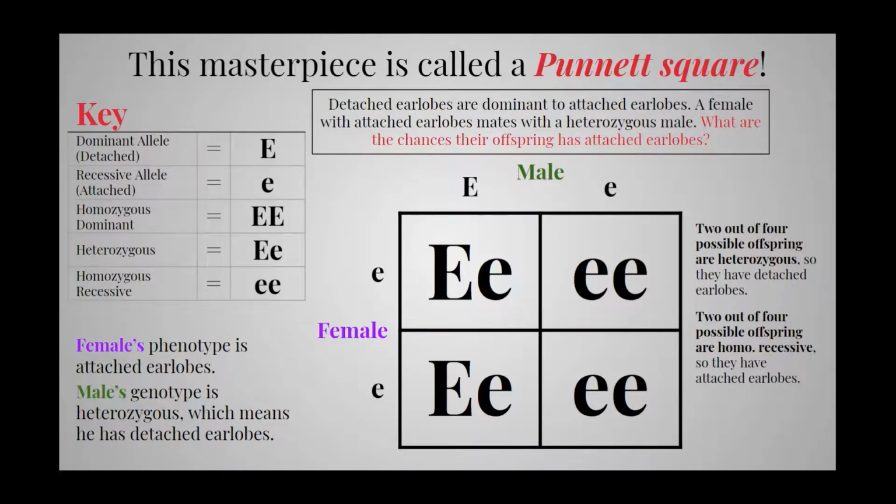And 2 out of 4 possible offspring are homozygous recessive. So they have the attached earlobes. To answer the question, which we'll revisit, the question is, what are the chances their offspring has attached earlobes? So if 2 out of 4 possible have attached earlobes, then there is a 50% chance of the offspring having attached earlobes.